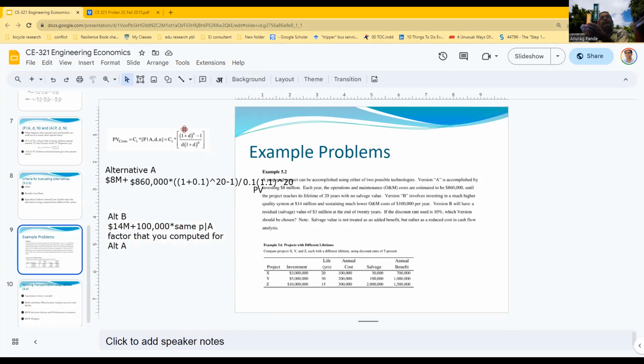So I need to just convert that $3 million at the end of 20 years into today's dollars. And that will subtract from my cost. So what I'm going to do is take 14 million plus 100,000 times the P given A factor, minus 3 million divided by 1 plus 0.1 raised to power 20, just one time, because it's 20 years down the line.